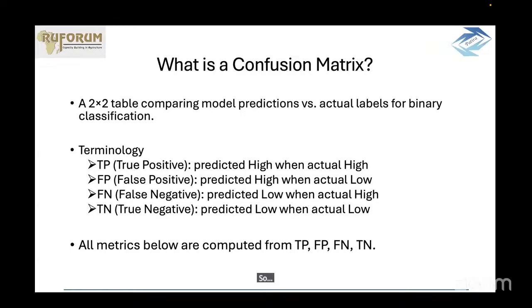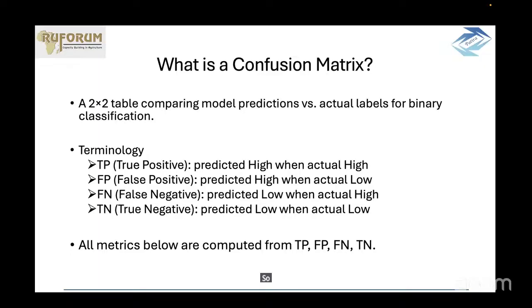So, the terminology that is used in a confusion matrix. True positive, always represented by TP, is when we are predicting a high.